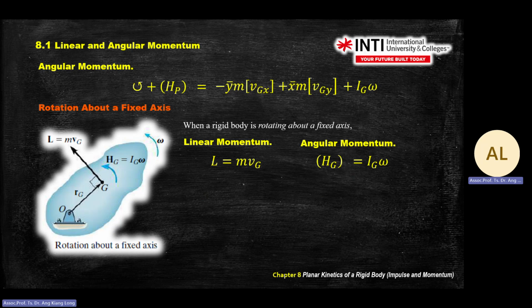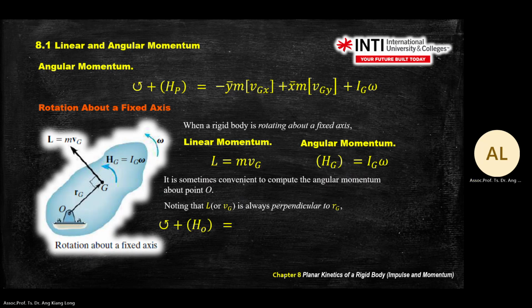And because this one rotates, for angular momentum we use H equal to I omega. Again, how to find I: I equal to I_G plus md squared. Here I_G means you just assume that the point of interest O and the A or B or C are on the same spot. Then you arrive at I_G.